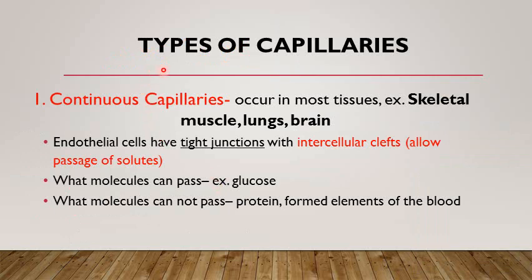If you see the types of capillaries, there are three types. First of all, number one, continuous capillaries. Continuous capillaries are the ones where the endothelial cells are tightly joined together and there are no pores or passage areas.